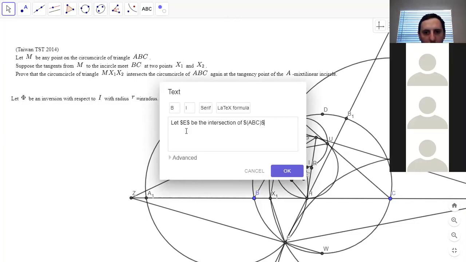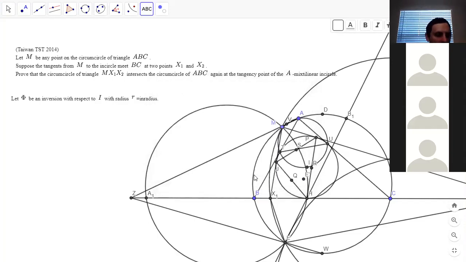Well, I defined E as the mixtilinear point. Oh, okay. And my solution is not done yet. I didn't finish the proof. Oh, okay. So we're still thinking through it.